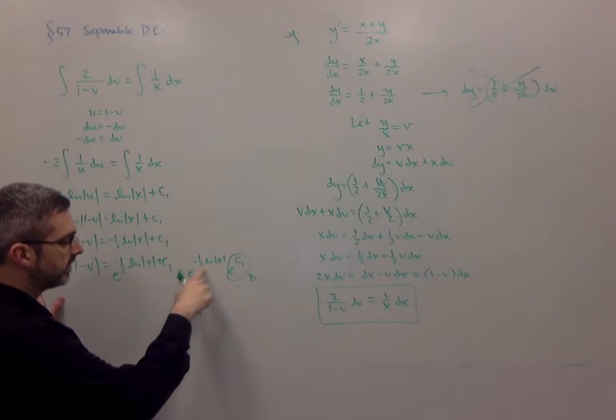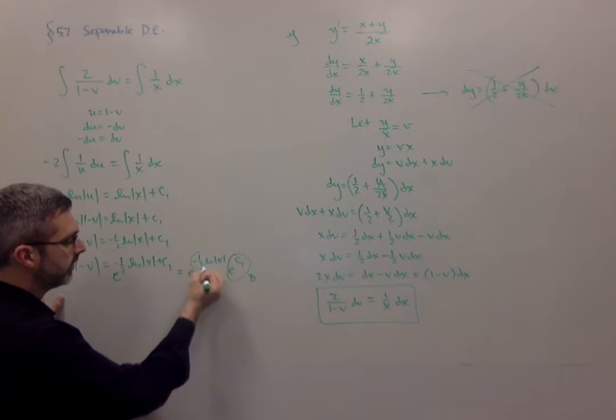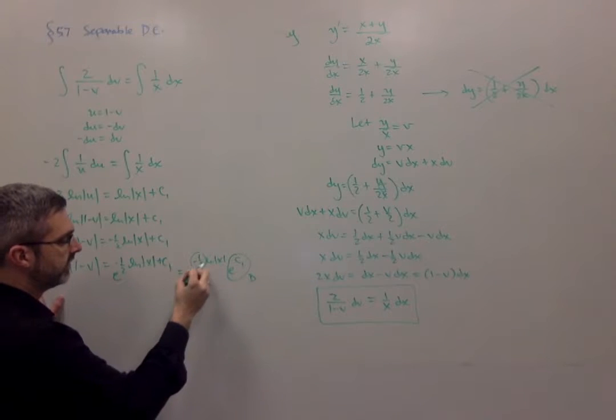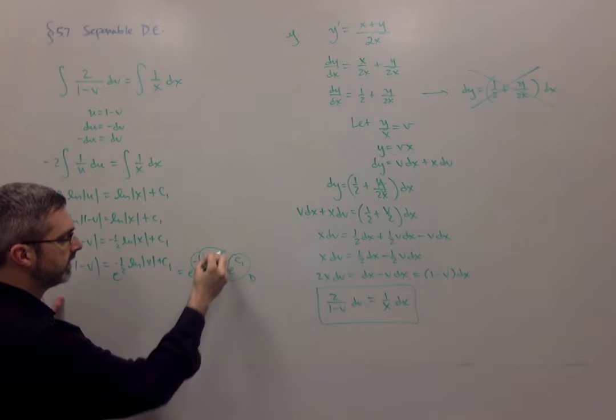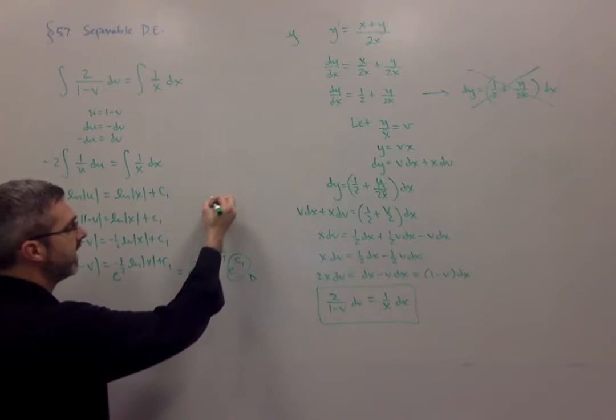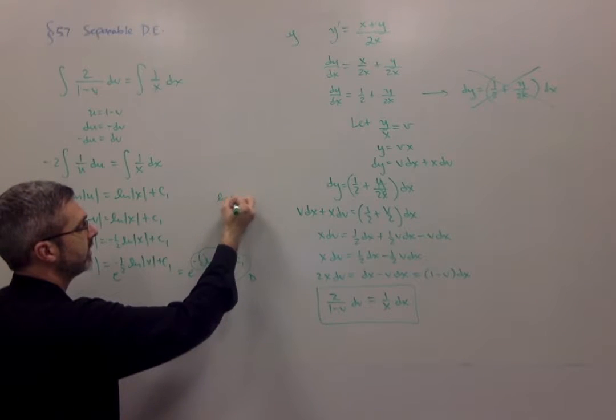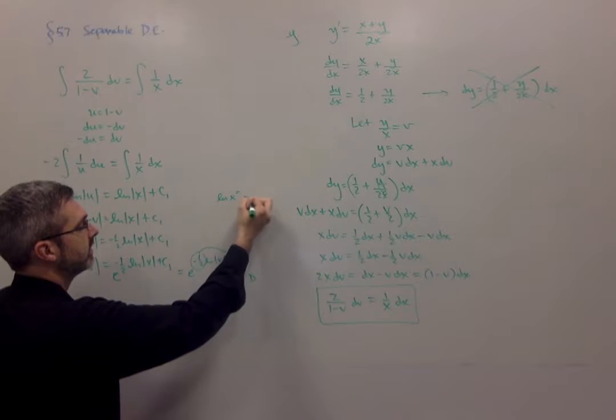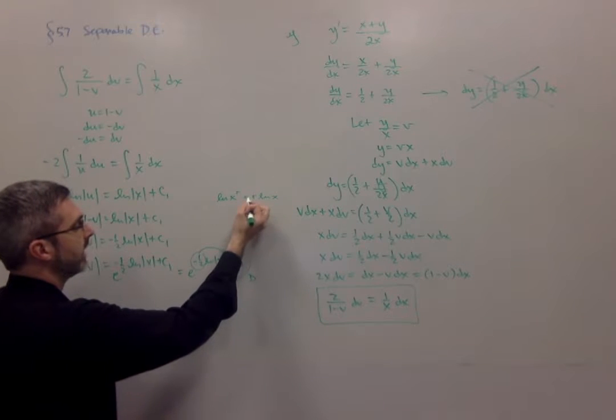Now this can simplify, but only if this 1/2 is no longer between the e and the natural log. And the way that we do that is we bring that up to become a power the way that we did before. Do you remember that when you have natural log of x to the r, it's the same thing as r natural log x.